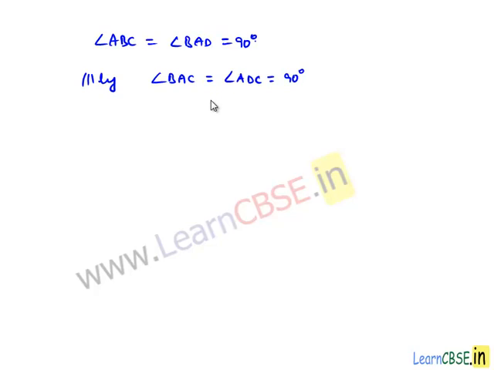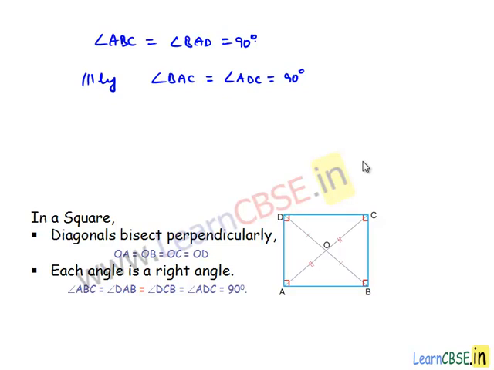So here the angle between adjacent sides is 90 degrees and all the sides are equal. So we can say that ABCD is a square. This is what the proof required for us.